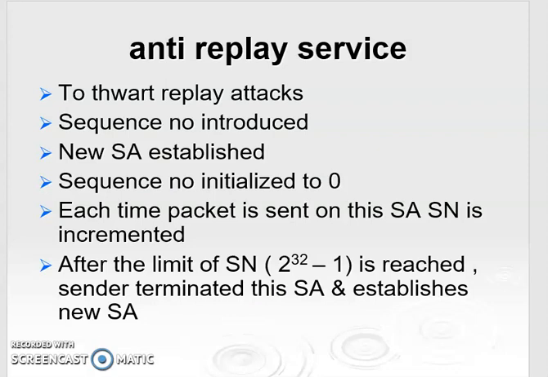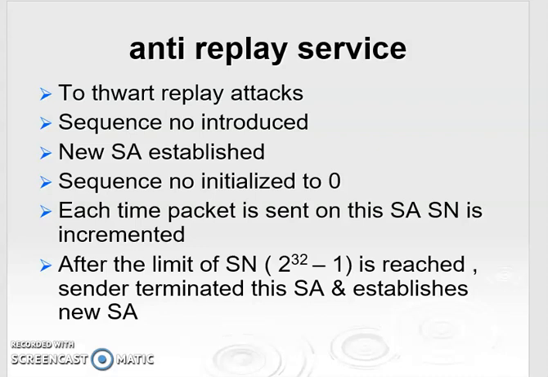It is to thwart the replay attack. As we know, a replay attack is where the attacker obtains a copy of the authenticated packet and later transmits it to the destination. The receipt of duplicate packets may disrupt the services, and this is called a replay attack. It is necessary to thwart these replay attacks.